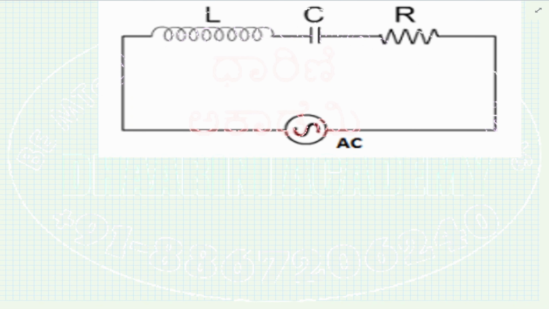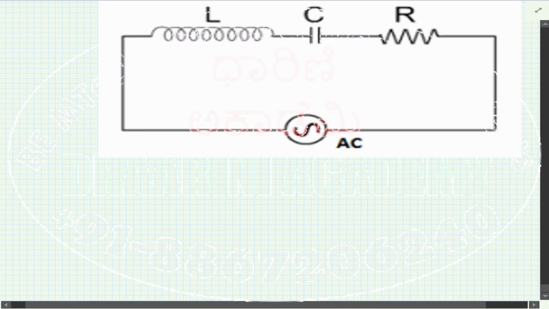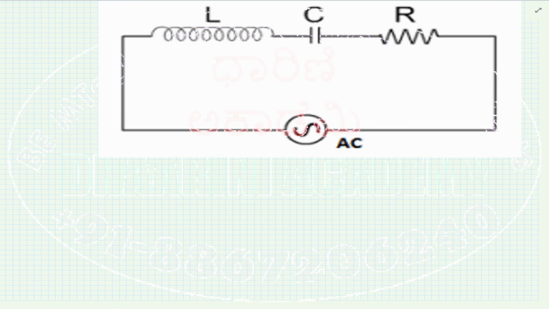Now let's start the discussion about this, and let's see how the forced vibrations are occurring inside this particular circuit. Let us say there is an LCR circuit. It is said to be a series circuit because all the components, inductance L, capacitance C, and R, are connected in series one after the other, and this series combination is connected to an AC source, which is the external force.